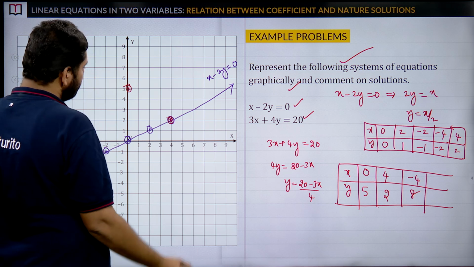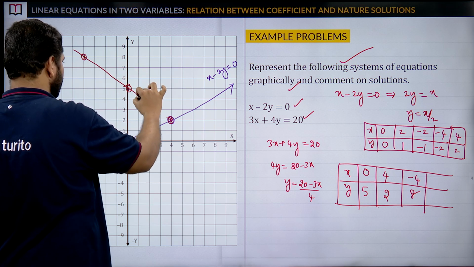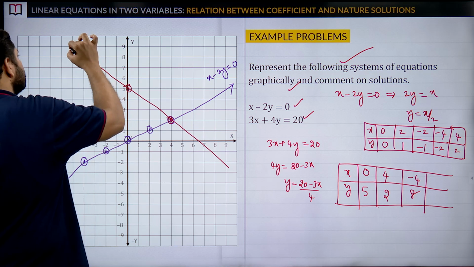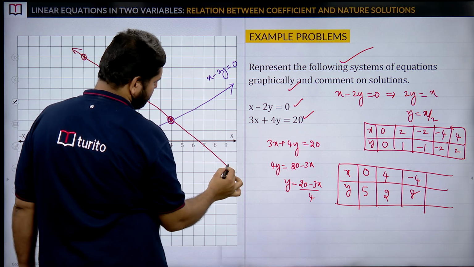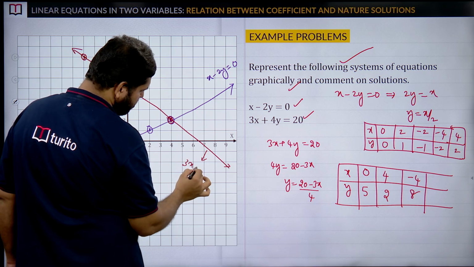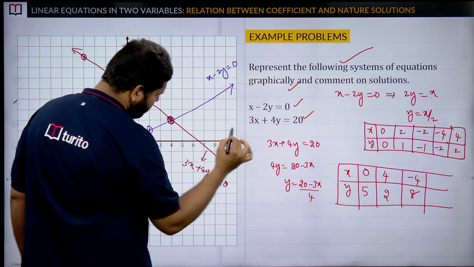That's it? Okay, fine. Children, join this. So this is the second line. So what is the equation of this line, children? 3x plus 4y is equal to 20.